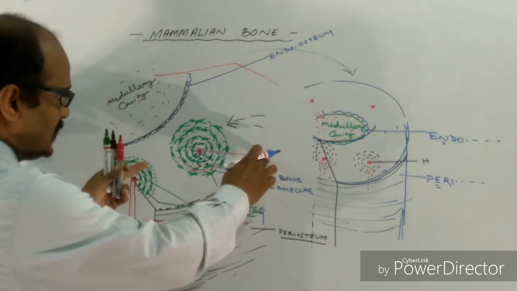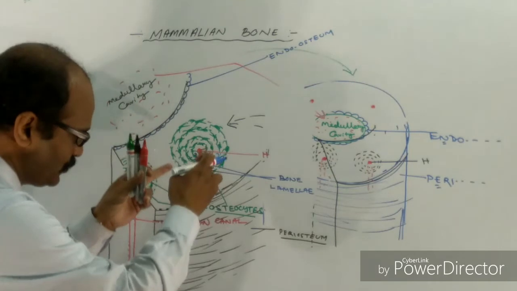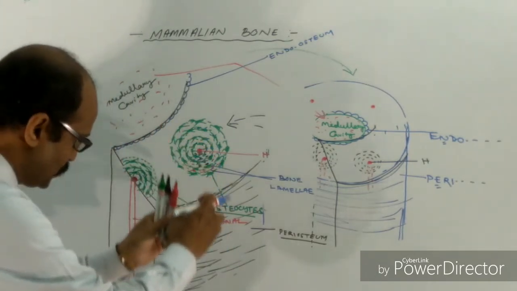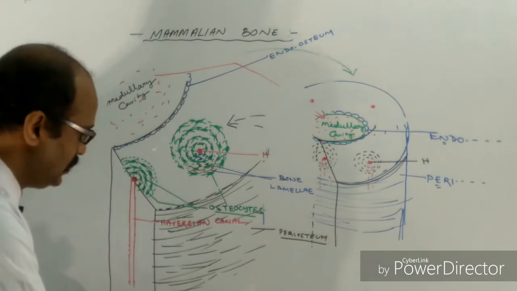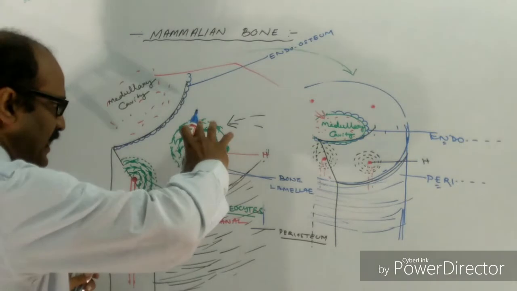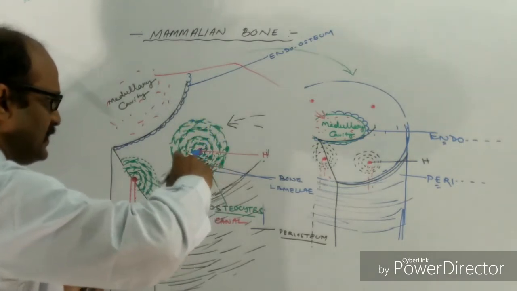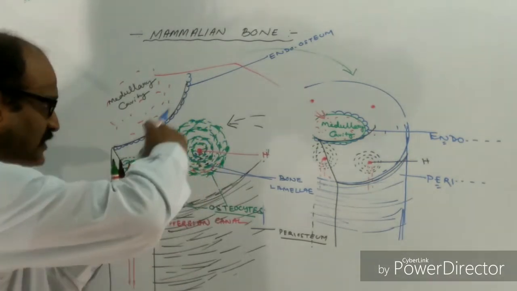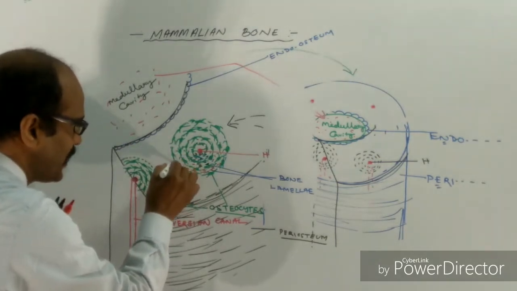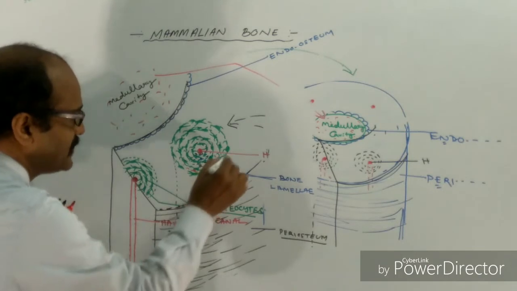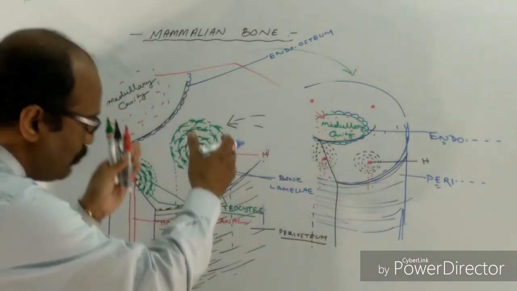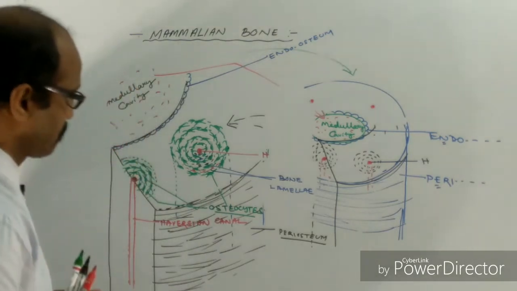So, the Haversian Canal runs longitudinally, parallel to the long axis of the long bone, and the osteocyte cells are arranged concentrically around the Haversian Canal. That's why it forms a three-dimensional cylindrical structure inside the bone matrix.